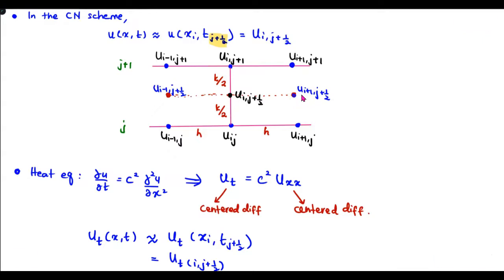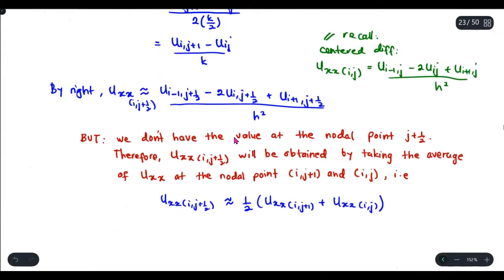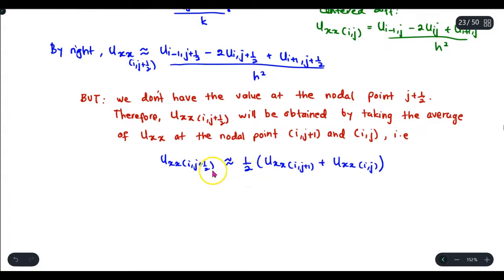So what we are going to do is take the average of u_xx at this point and this point. You take the u_xx at this point plus the u_xx at this point, and then divide by 2. That is the average. In other words, we have this expression here: 1 over 2 times u_xx at (i, j+1) plus u_xx at the point (i, j).